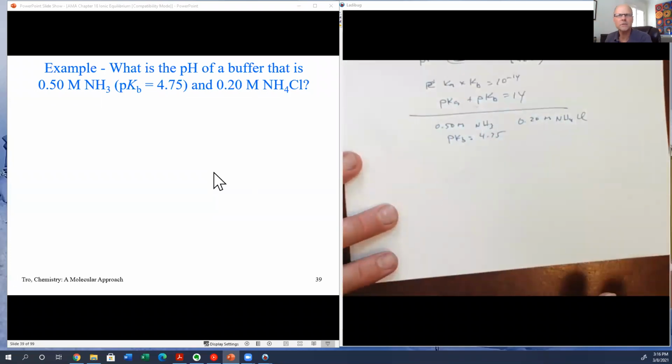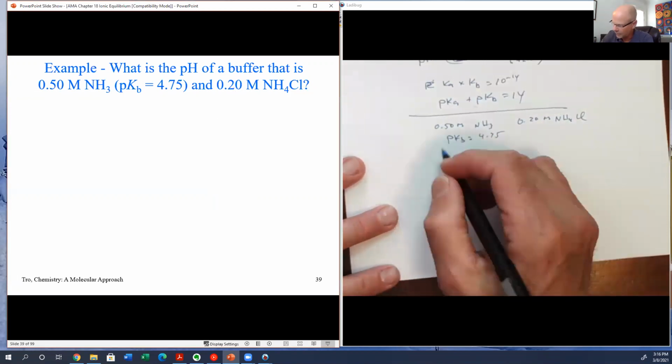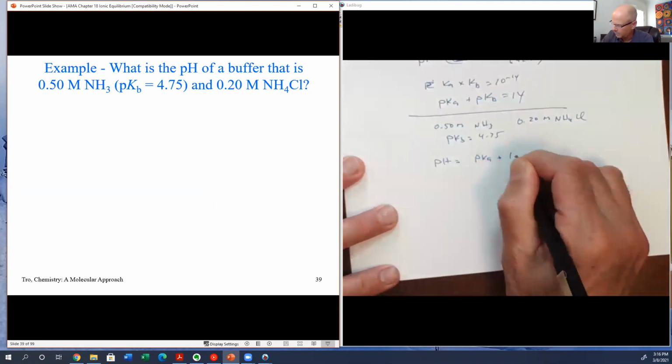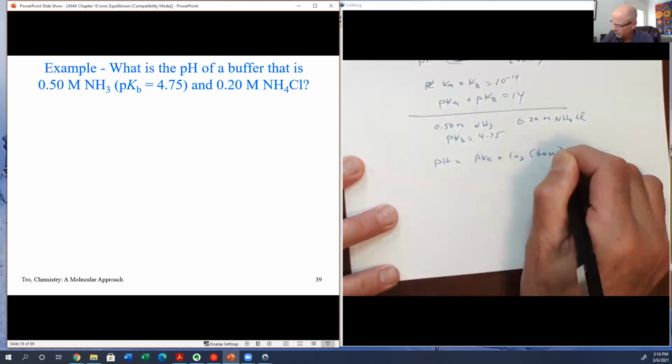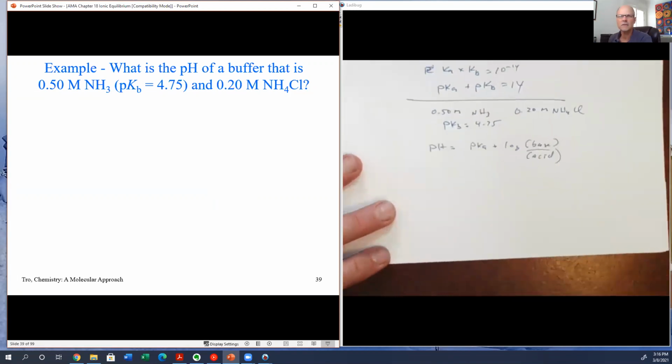When you read this problem, you should think, aha, I have a base and its conjugate acid. I have significant amounts of both, 0.5 molar and 0.2 molar. So aha, I have a buffer. So I think Henderson-Hasselbalch equation.